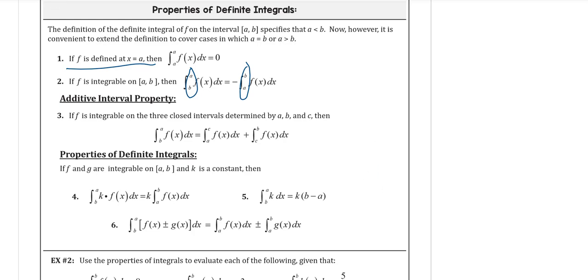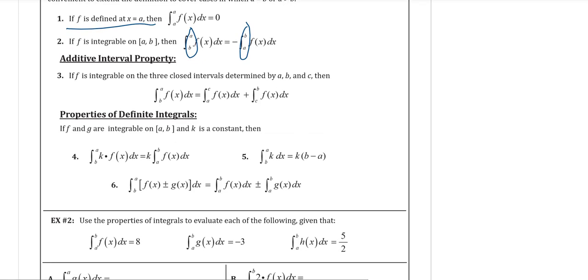And then the other ones that are here are the fact that we could have a constant k. If we're multiplying a constant times a function, that's not going to affect the integration. We can just pull that out and integrate our function as we did before.